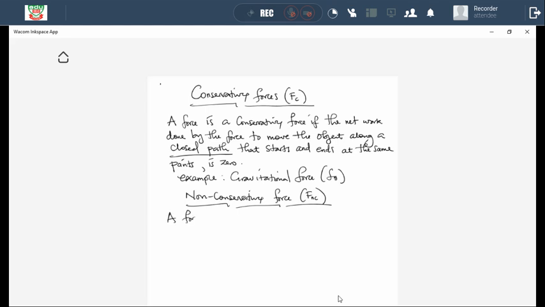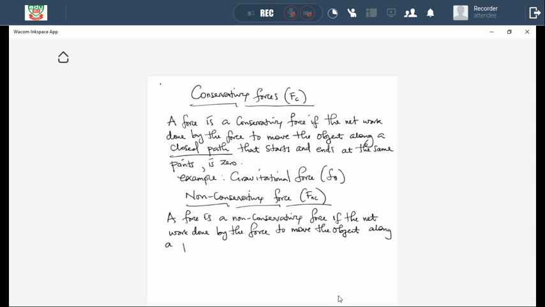The definition says a force is a non-conservative force if the net work done by the force to move the object along a closed path, or a path that is closed, is not zero. I'm sorry for that grammatically.